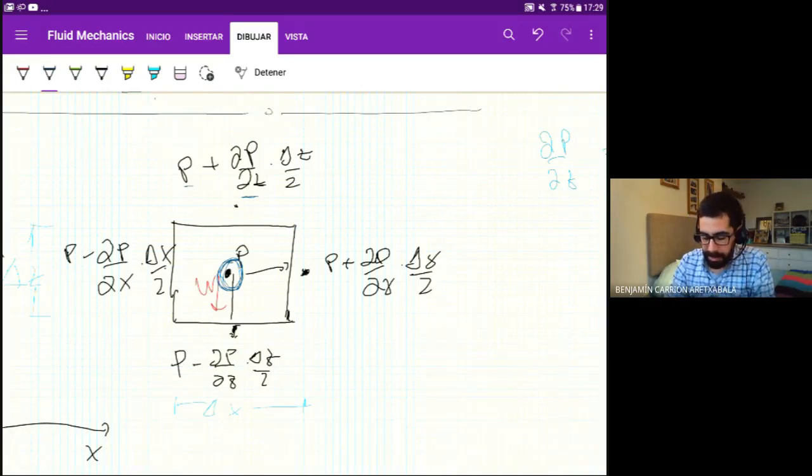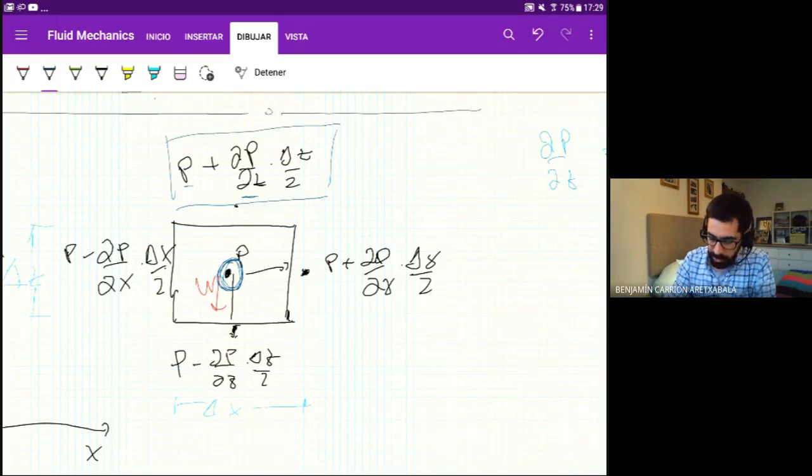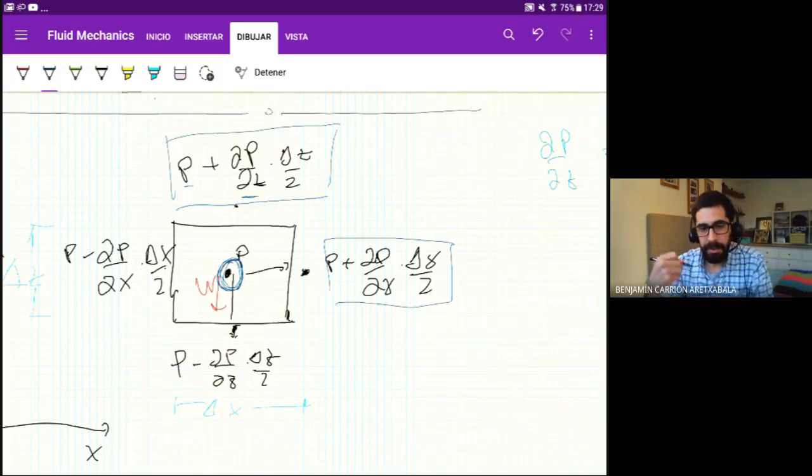All of these four expressions I wrote down are the first order estimate of the pressure at the boundary of this volume. This is a key point for the derivation, but it's also very important later on for how we compute forces. So it is very important that we're all on the same page.